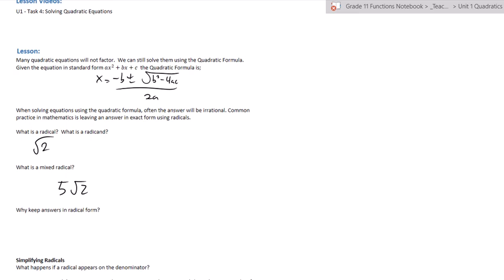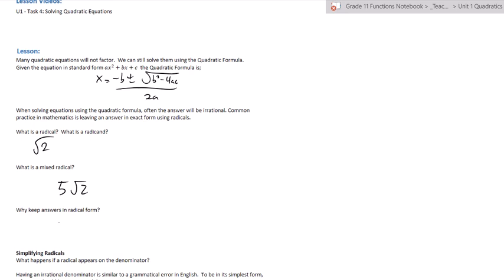So to prevent that, we keep our values in exact form, so we know this was the root of 2. It wasn't a rounded decimal. So it's all about keeping accuracy in the mathematics.